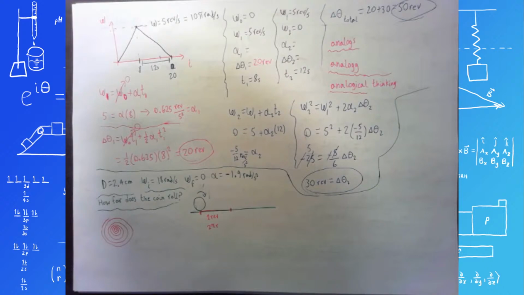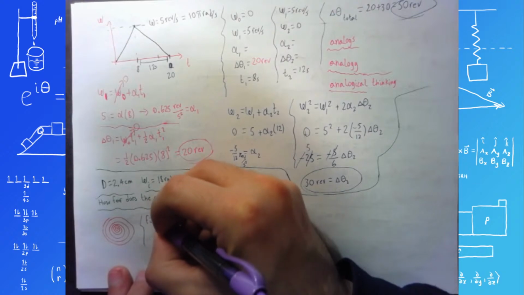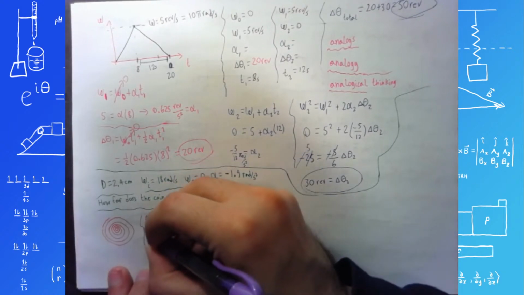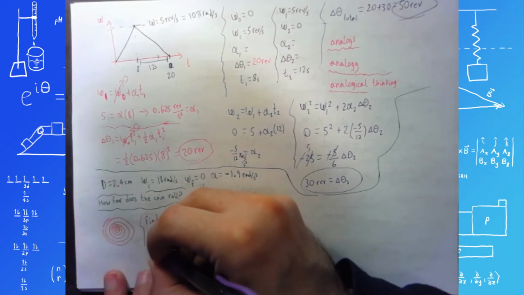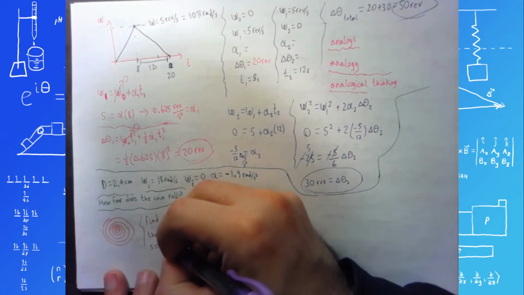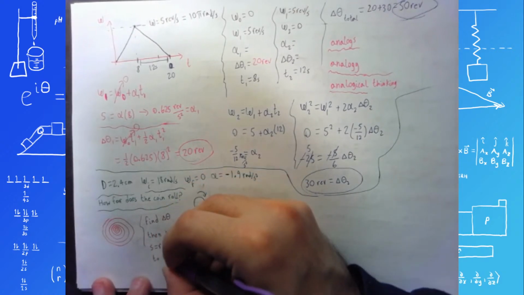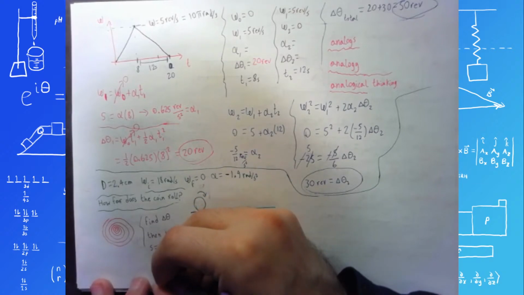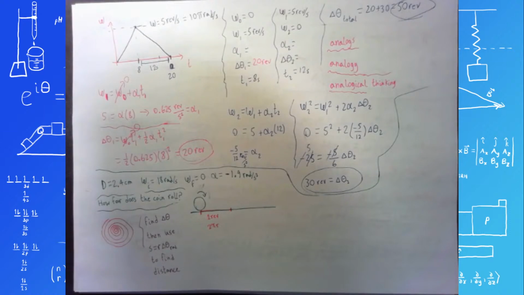So the strategy is simply find delta theta, then use S equals R times delta theta, in radians, to find distance. That's the strategy. Not too hard to do. We'll save it for later.